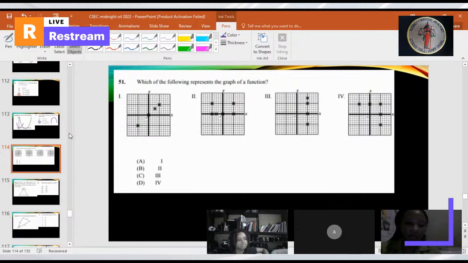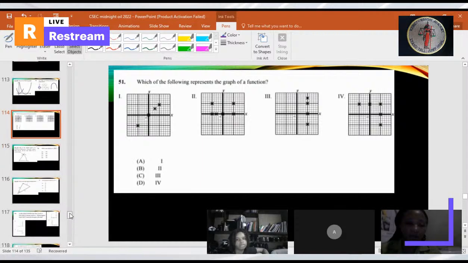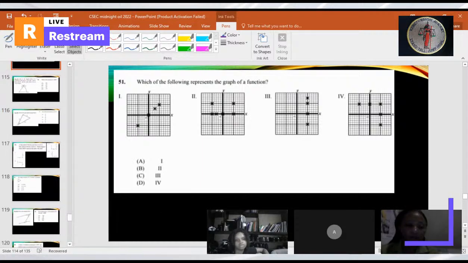Imani, 51. Okay, miss, number 51. Which of the following represents the graph of a function? Miss, so how do we know when a graph is a function?